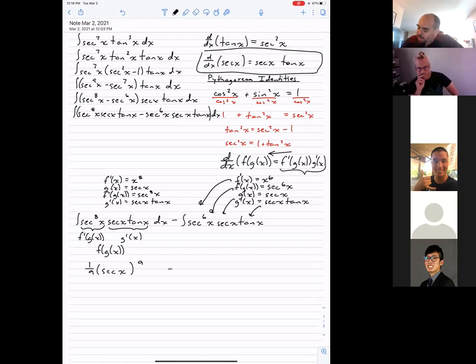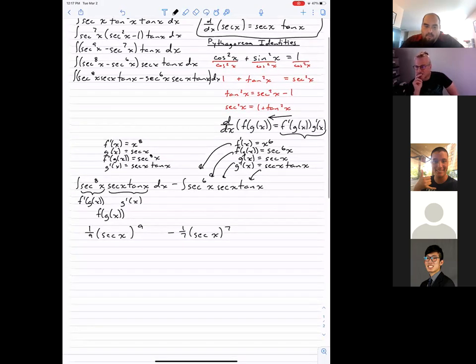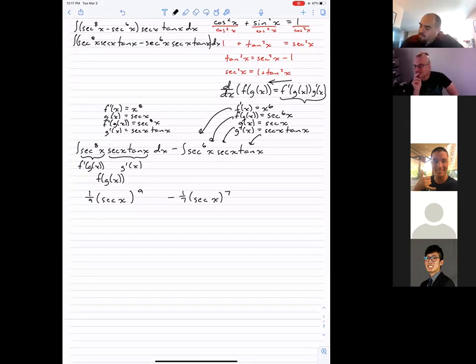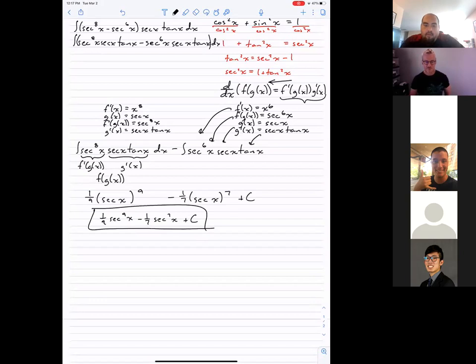And then hopefully that'll clue you in on what this other antiderivative is going to be. 1/7 secant x to the 7th. And then I'll just clean this up and make it look like, there you go.